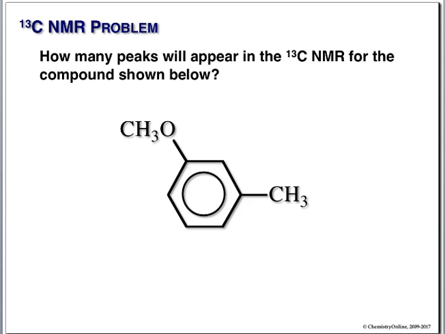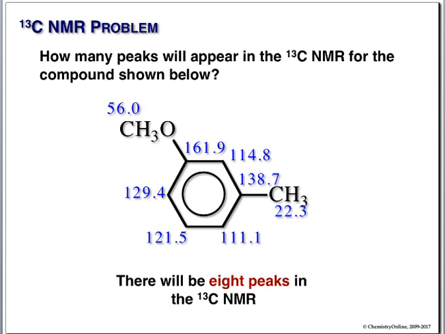Likewise, this one is sitting in between these two, so it's unique. This is closest to the methyl, this is closest to the methoxy, and this guy's just kind of dangling out here by itself. There are 8 peaks in this total spectrum, 2 for the substituents, and we can see each of the ring carbons separately.